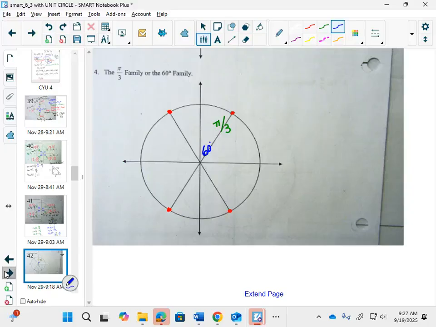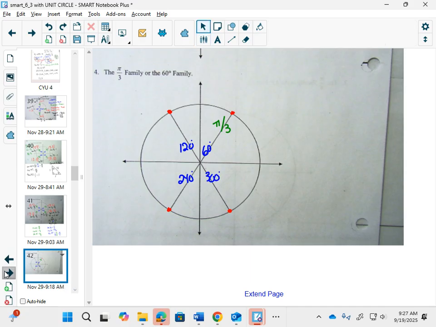How did you do in degrees? 120 degrees, 240 degrees, 300 degrees. Now I'll give you a little bit more time to do the radians.